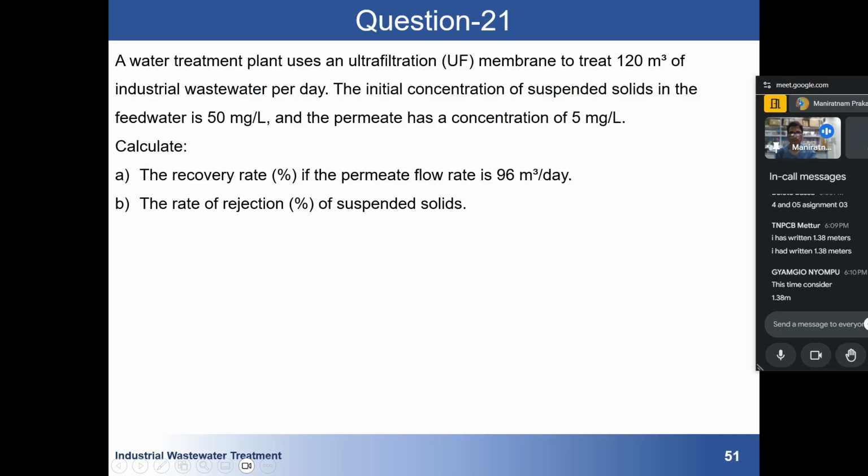So, there is a filtration membrane to treat this much water per day, this many meter cube of water. The initial concentration is 50 milligram per liter, and the permeate has a concentration of 5 milligram per liter.